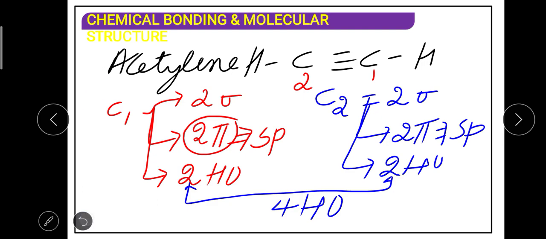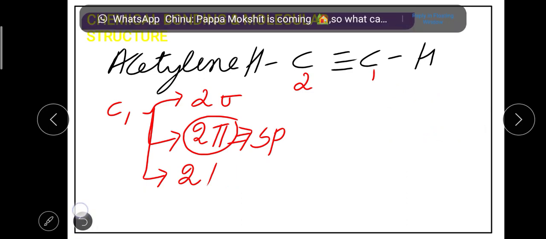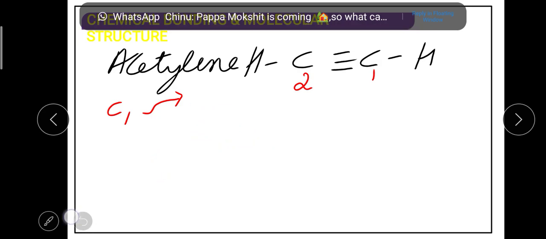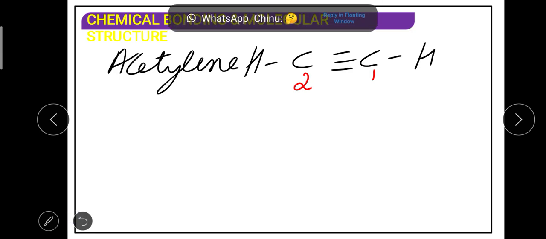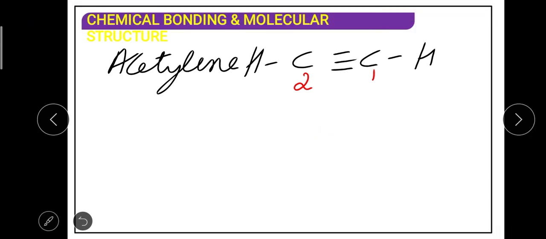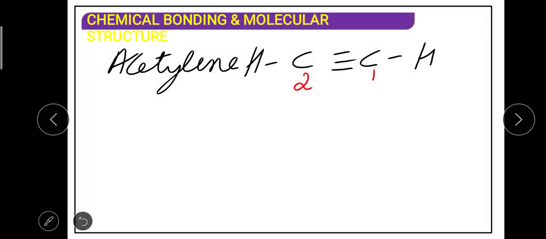How to find pure orbitals. Got it? Now, focusing on the number of pure orbitals, what is the shortcut formula?